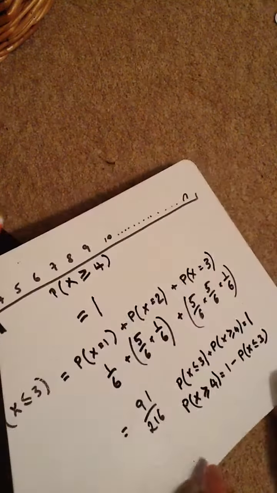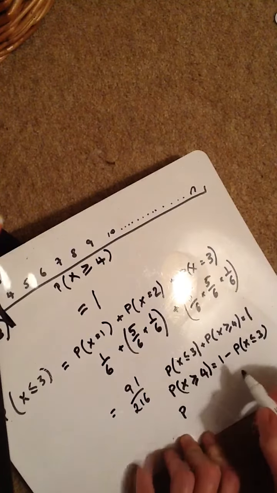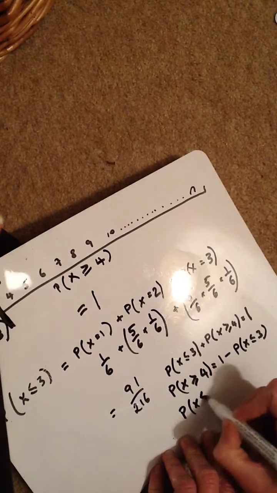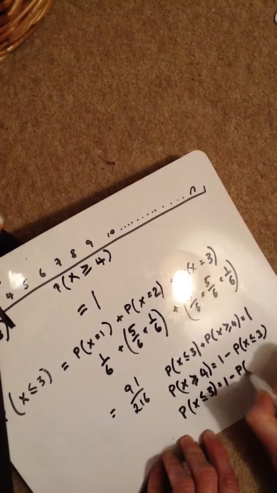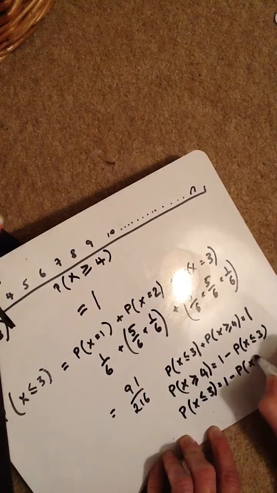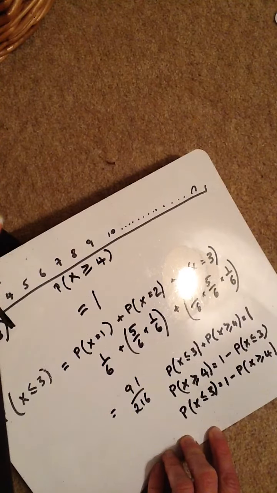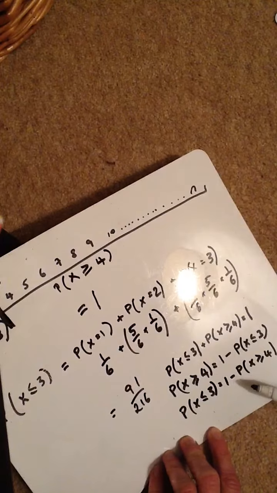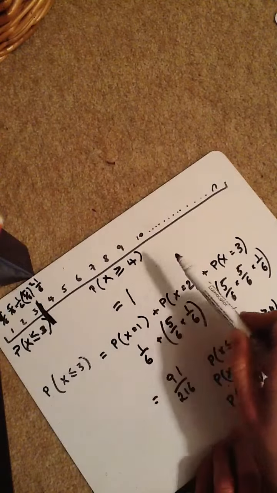And if I do another rearrangement of it, the probability that x is less than or equal to 3 is 1 minus the probability that x is greater than or equal to 4. So I have these two rearrangements here which are going to be really important because of this whole number line idea.